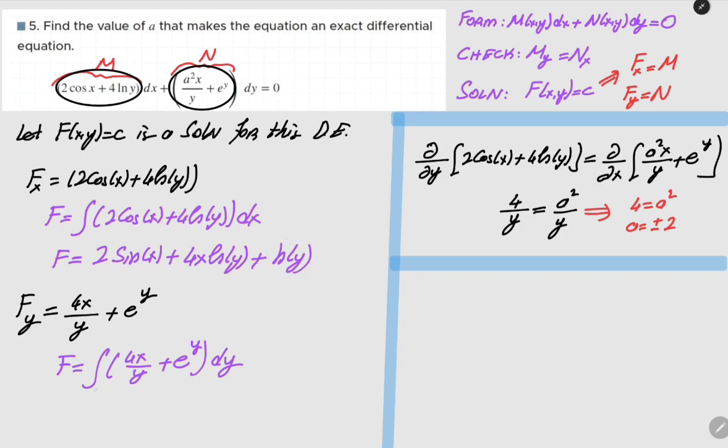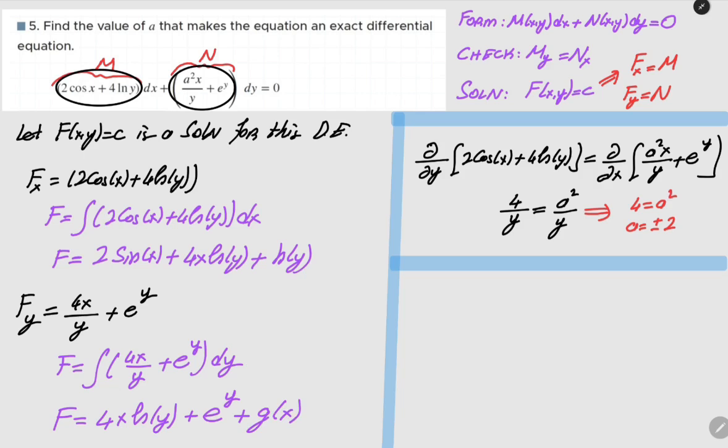All right, what about the second one? F should be equal to the integral of 1 over y, which is ln y, so we obtain here 4x ln y, plus the integral of e to the y, which is also e to the y, and likewise we are going to write here a function of x, and let's say it is g of x.